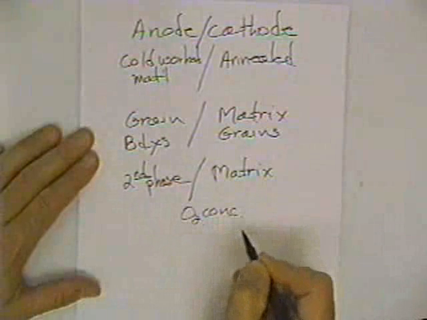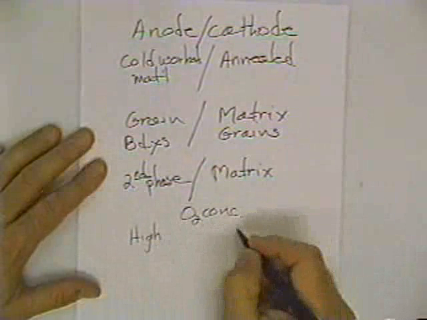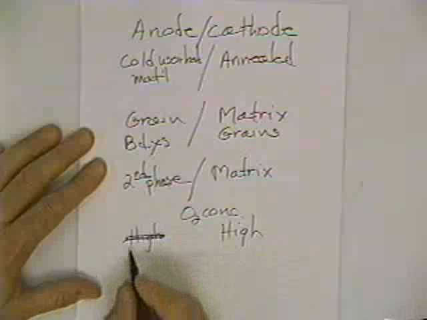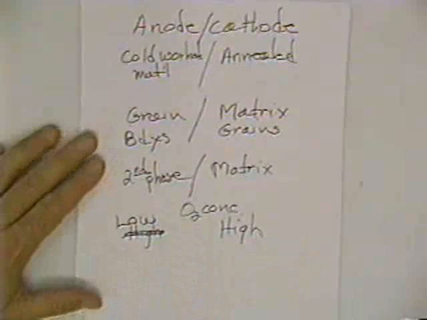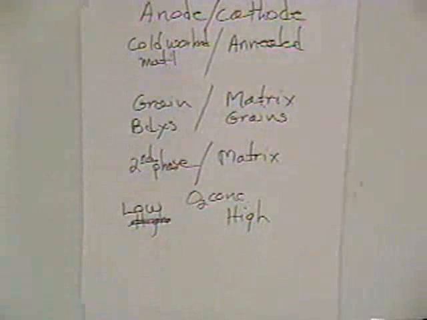Oxygen concentration. High oxygen concentration regions will be cathodic with respect to lower concentrations. Where can you get that? Well, in solutions. If you only have a solution like a seawater on an offshore platform, if you have soil and a structure in the soil, it's not uncommon to have oxygen concentrations.